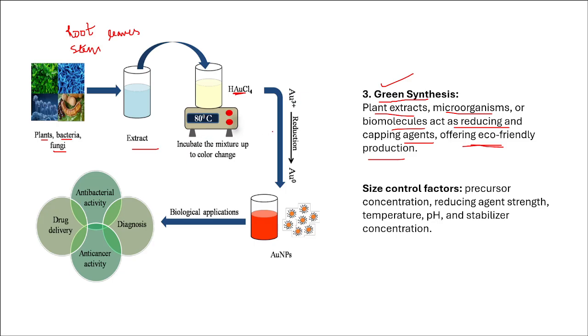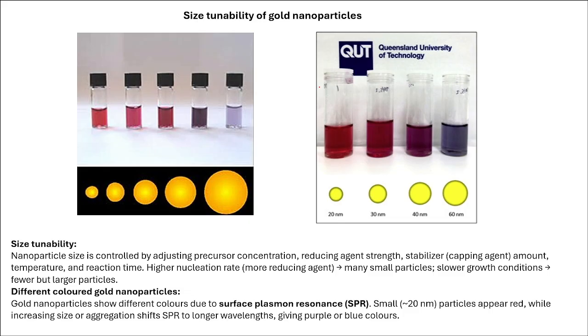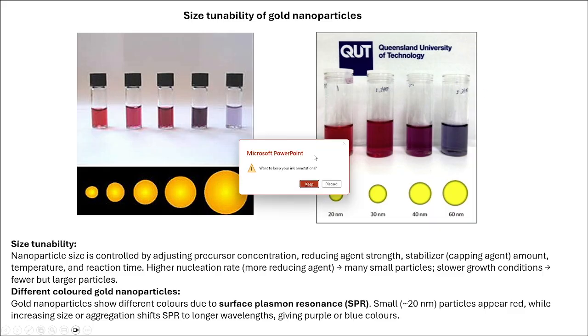There's no involvement of any chemical reducing agent, and the gold can be reduced, and you can get your nanoparticles. So whenever we are using plants, bacteria, or microorganisms, we label it as green synthesis or the biological means for synthesis of nanoparticles. Now, one important thing, or one interesting thing I would say, just a second.